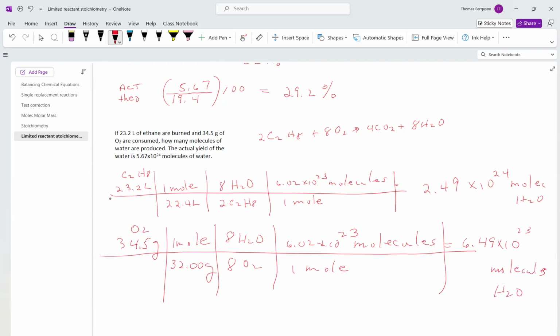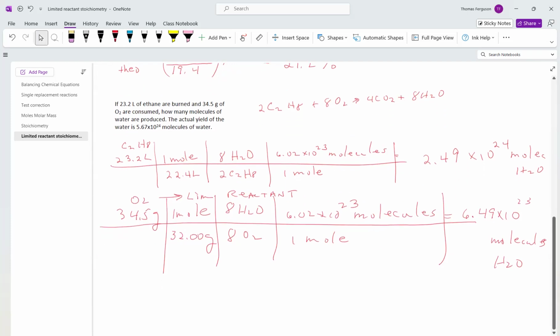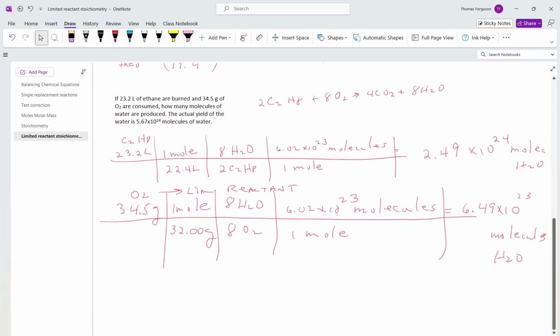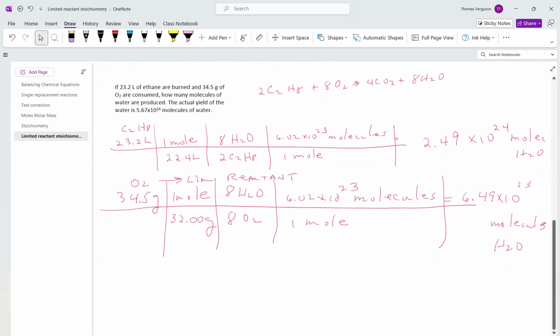Okay, so the oxygen is the limiting reactant. That means it's totally consumed, 100%. That means we have excess ethane. So now we have to calculate how much excess we have. So we're going to start with our limiting reactant, the oxygen.